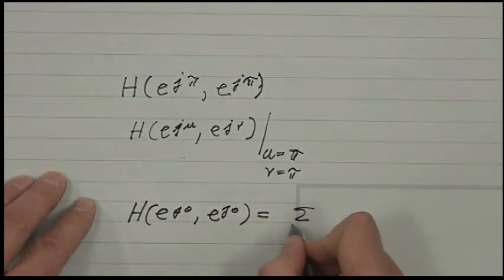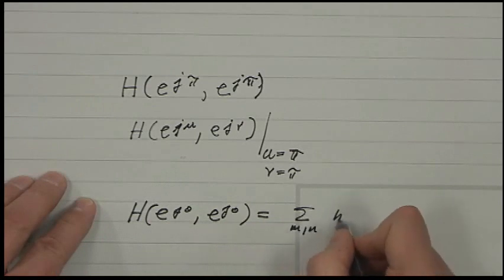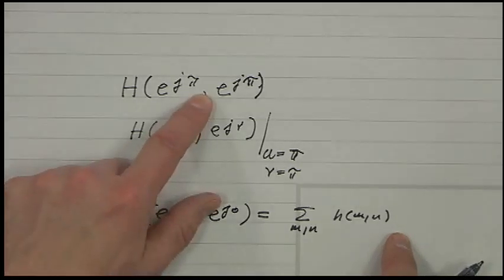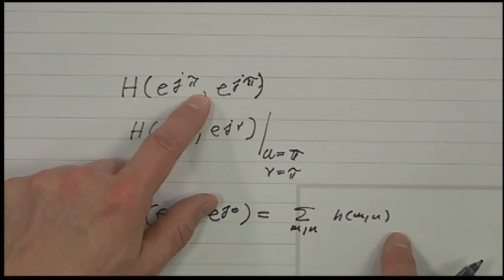That's the DC, which is the sum over m and n of h of m, n, right? It's just the area under the kernel, right? So what's the intuition here? It's the gain at frequency pi, pi. So what's the frequency pi, pi?